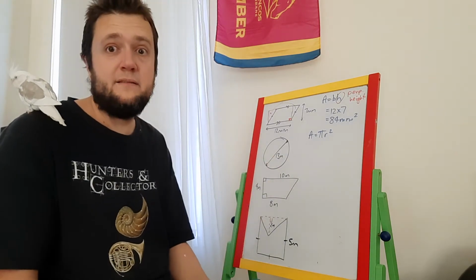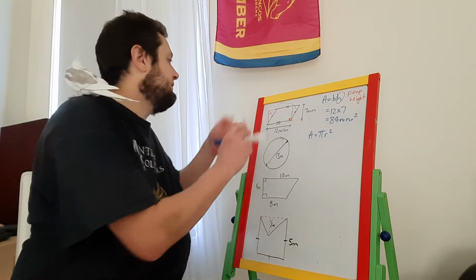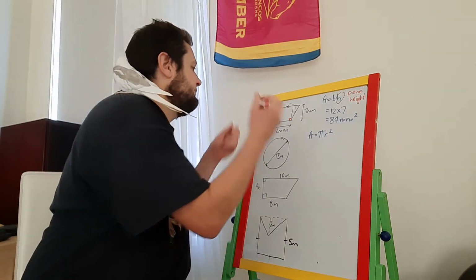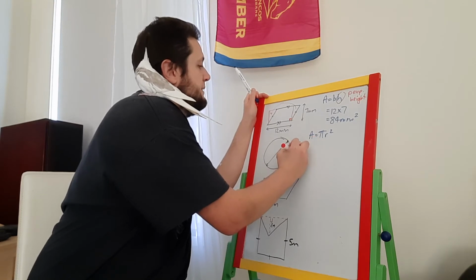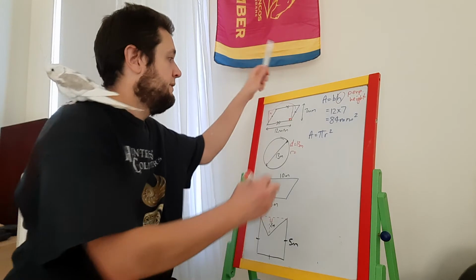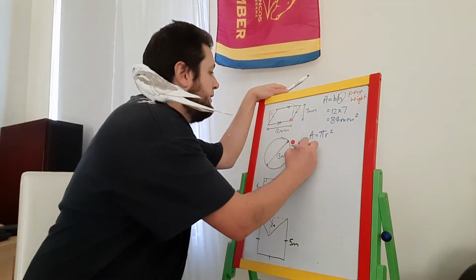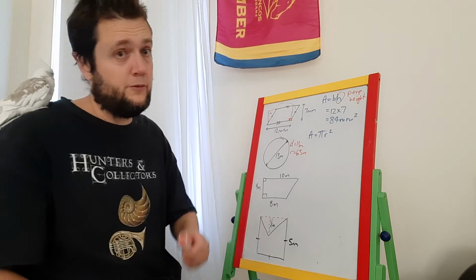That's not the radius. What is it? It's a diameter. All right, so here, the diameter is 13. So what does that mean the radius is going to be? The radius has to be half of that. So the radius will be 6.5 metres. That's the value that we're going to put in the formula.